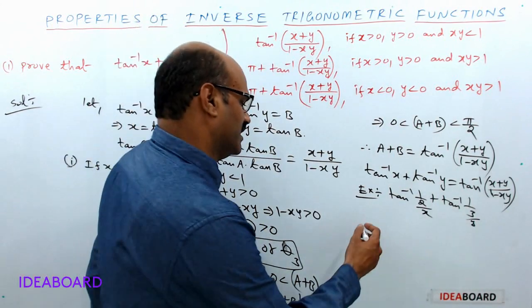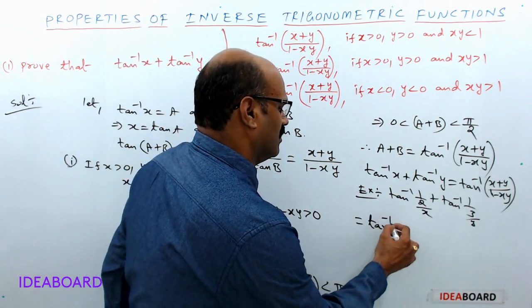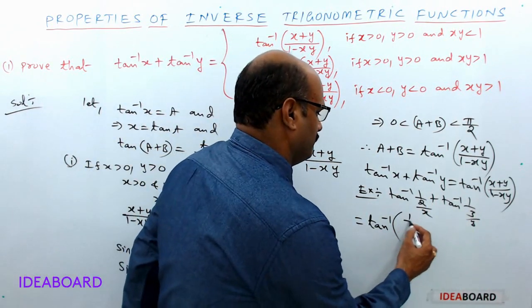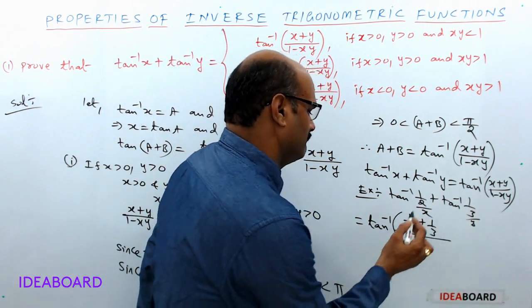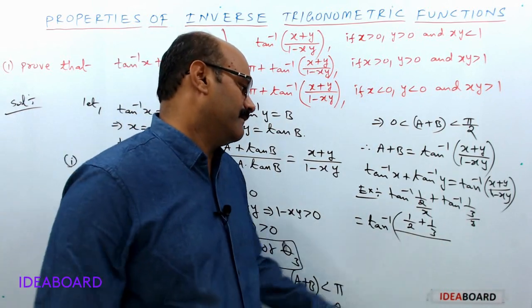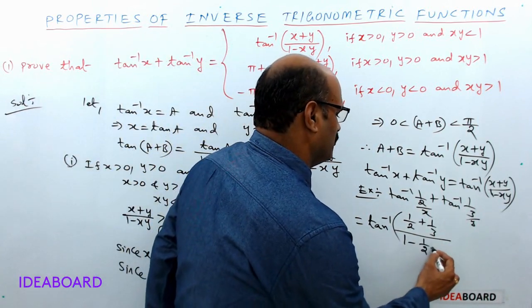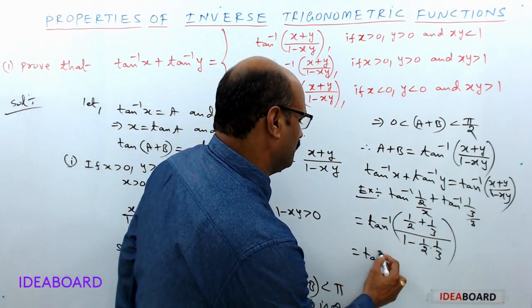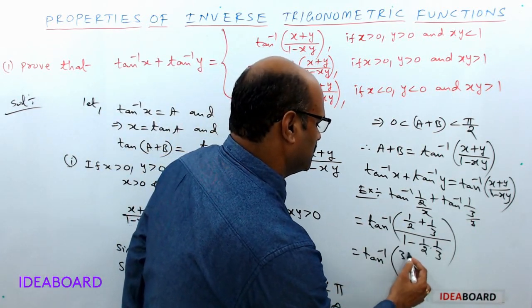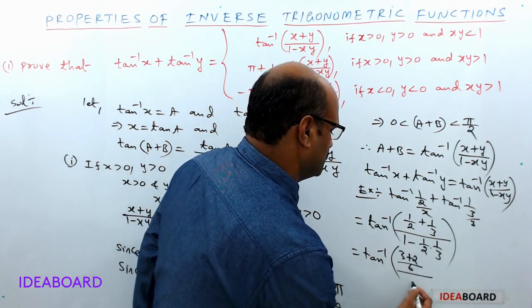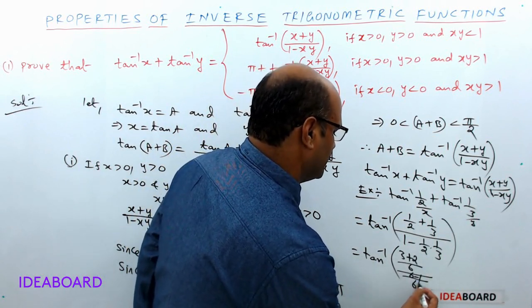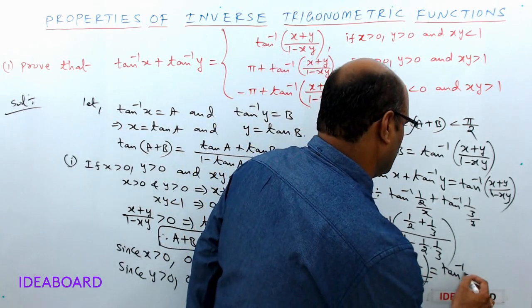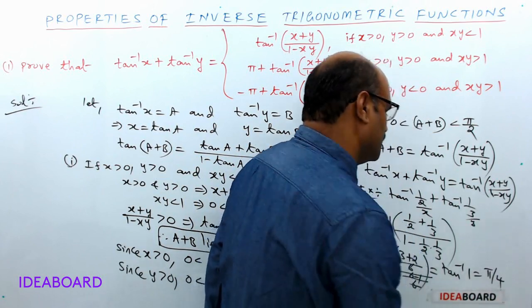So it equals tan inverse of (1 by 2 plus 1 by 3) divided by (1 minus 1 by 2 into 1 by 3), which is tan inverse of (3 plus 2) by 6 over (6 minus 1) by 6, so tan inverse of 5 by 5, equal to tan inverse of 1, equal to pi by 4.